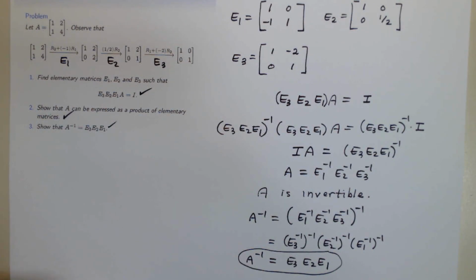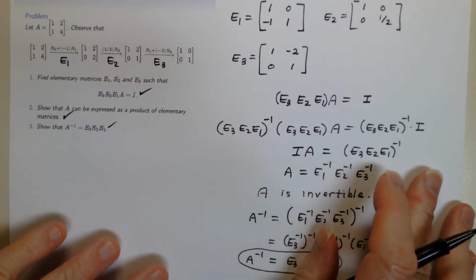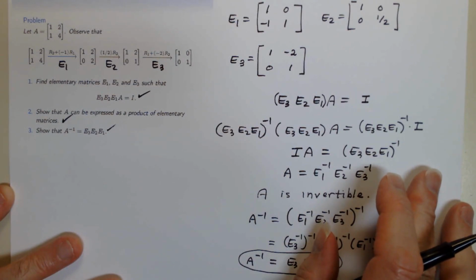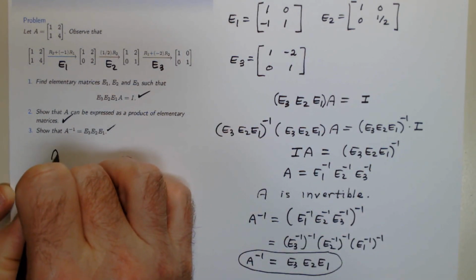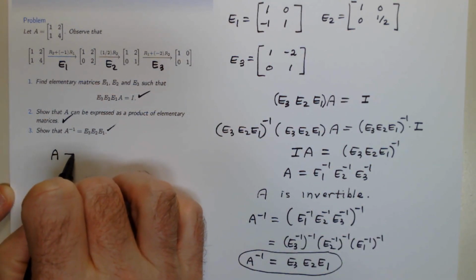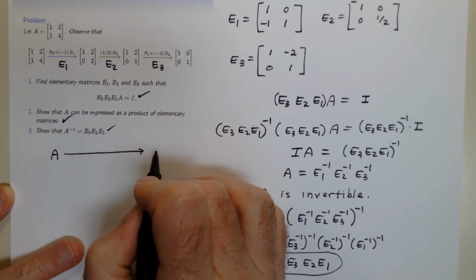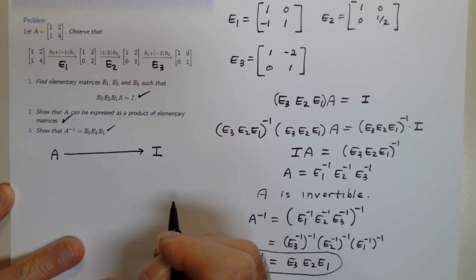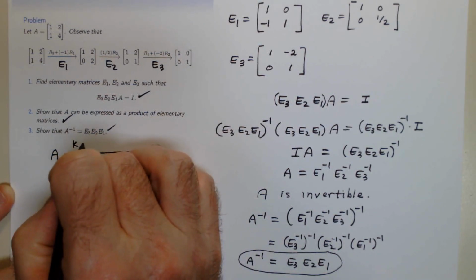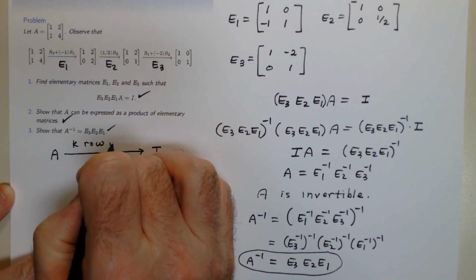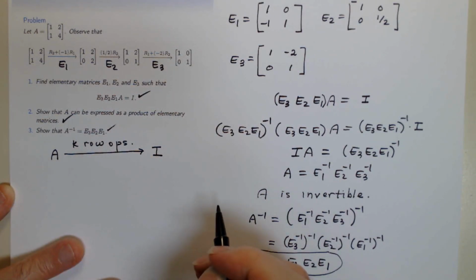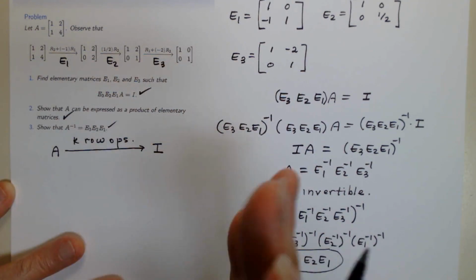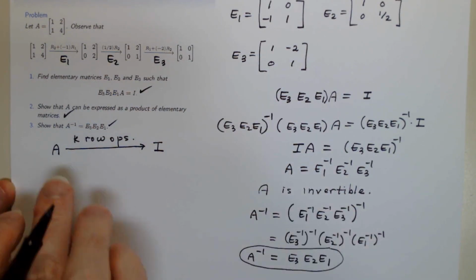So let's think about that. Let's try to pull out a more general principle if we can. So let's say we have a matrix that through a series of row operations, let's say k row operations, takes us to the identity. In this case, there were 3, but there could be any number of row operations that are required.